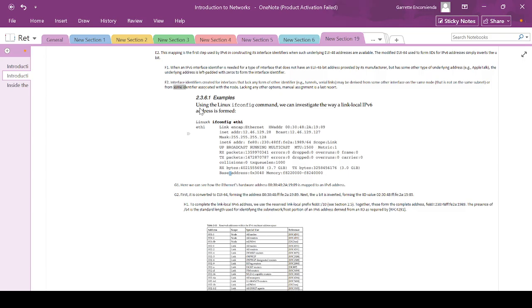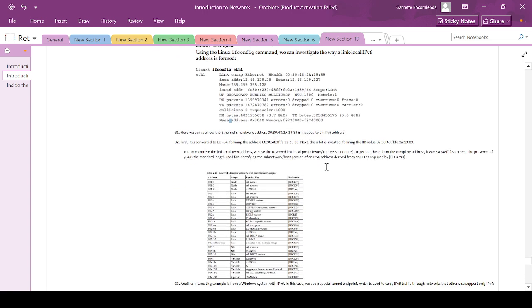So it could be got from the same node, or from an interface from some other node, or some other identifier associated with that node. Lacking any other option, manual assignment is a last resort.